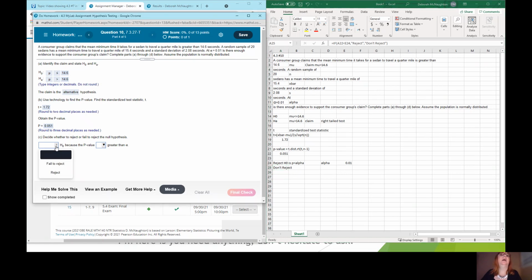Right, so we fail to reject H naught because the P value is greater than alpha. Oh, that was supposed to say if. Reject if P is less than alpha.